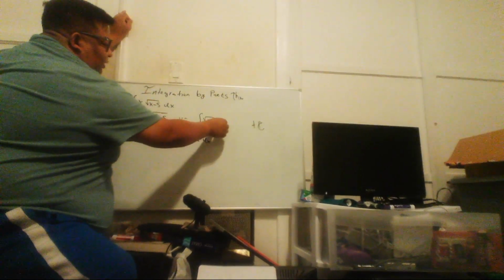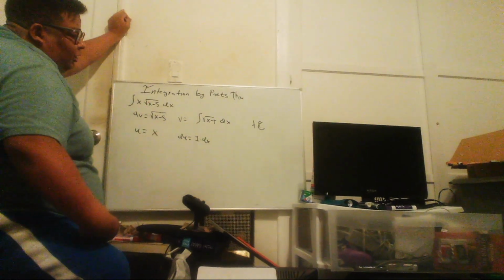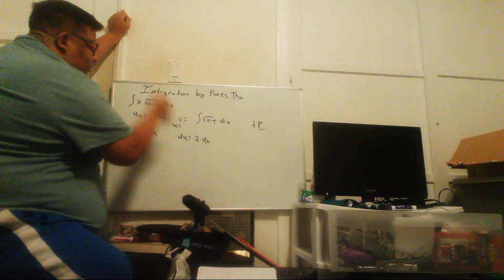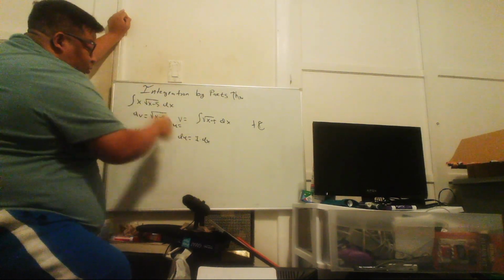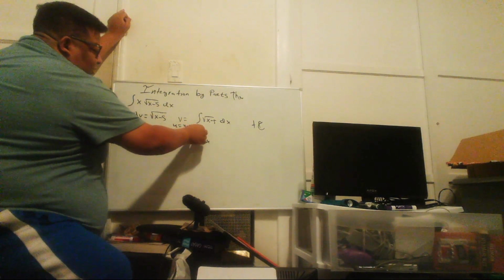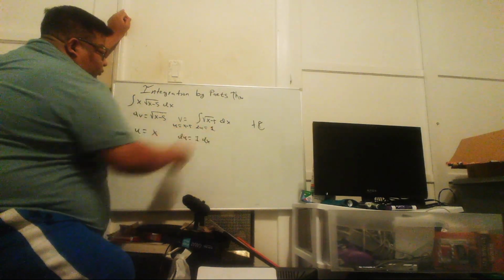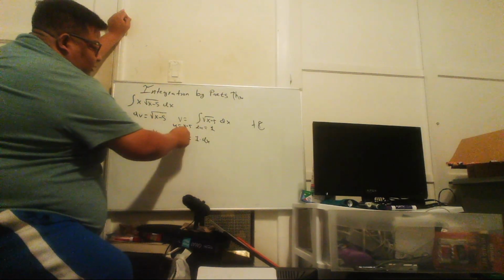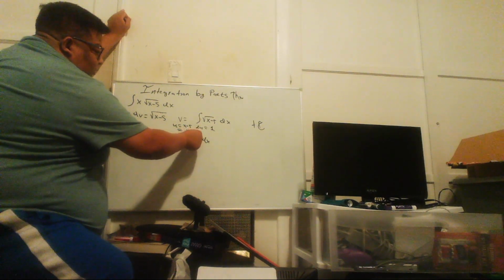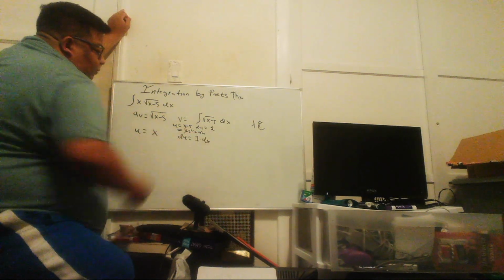So the integral of the square root of x minus 5 dx. How would you integrate that? Of course you're gonna have to use substitution. So u equals x minus 5, du equals dx. Now that integral becomes the integral of u to the 1/2 du.